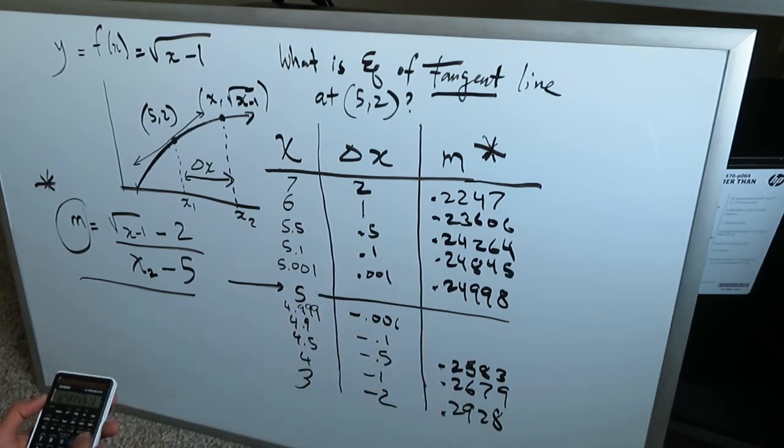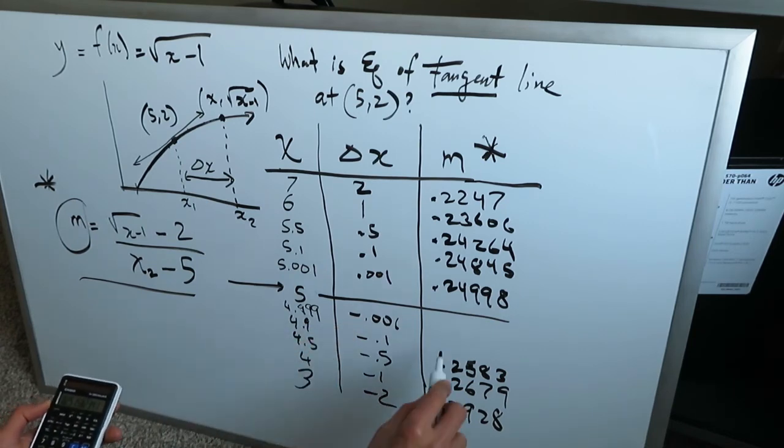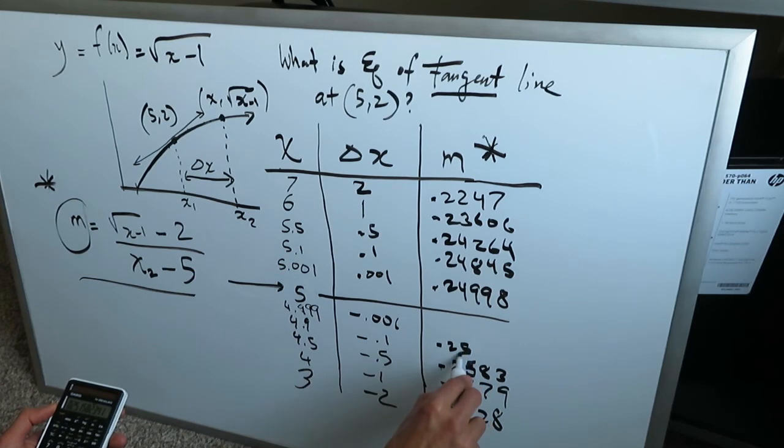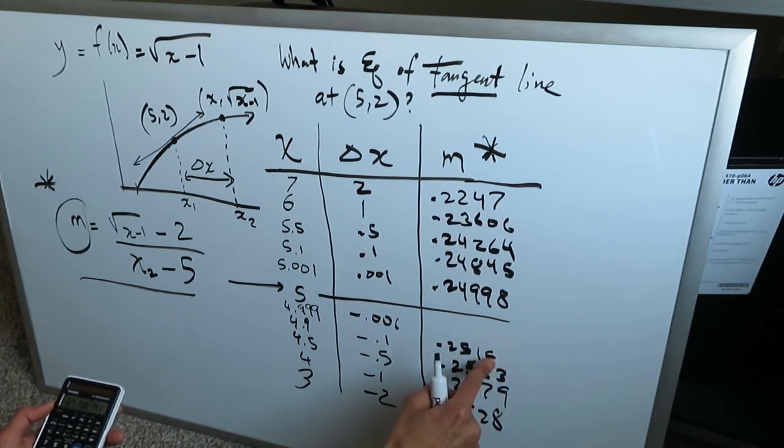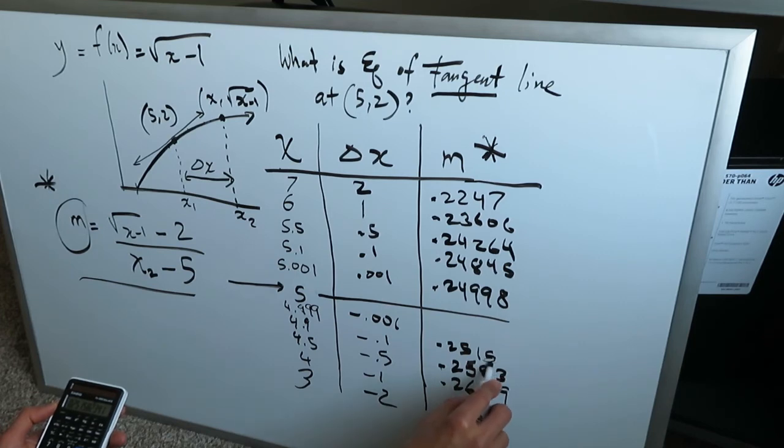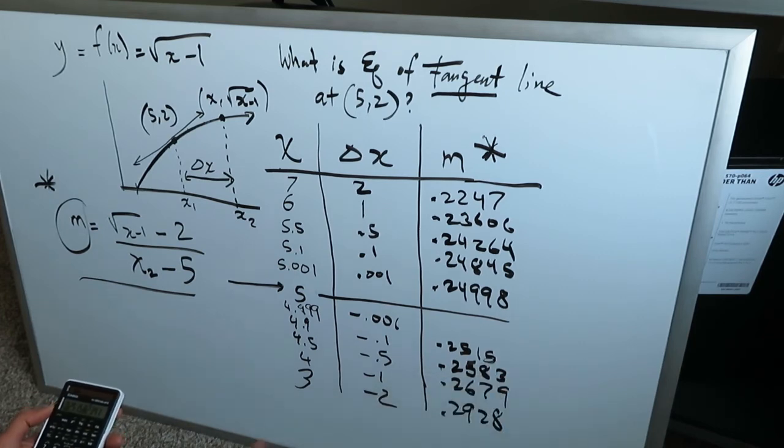Let's use 4.9, then we'll do one more value and then we'll be done with the table of values. 4.9 in this formula, minus 1, square root it, minus 2, and divided by the change in x, which is minus 0.1, I get 0.2515. Last value, 4.999.